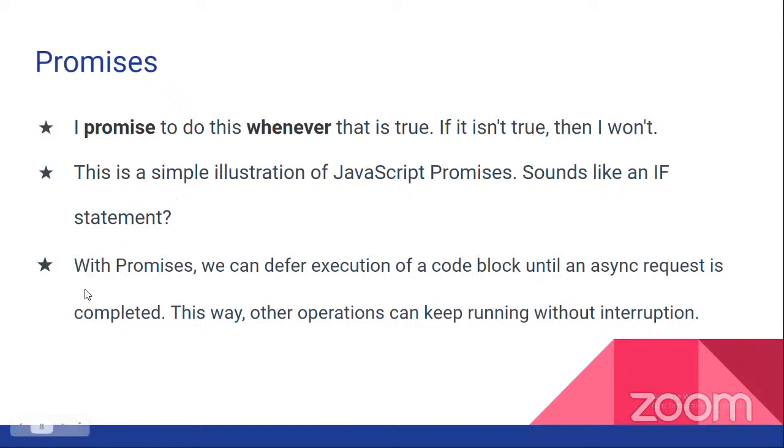With promises, we can defer execution of code until an async request is completed. This way, other operations can keep running without interruption. For example, let's say you have an API with more than 10 endpoints, and those endpoints interact with a database.